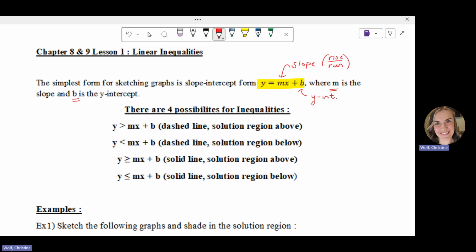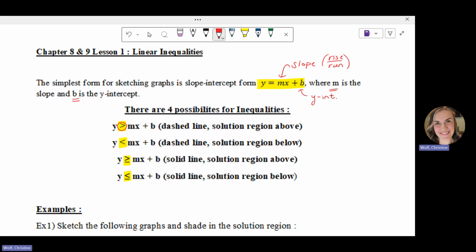Here, you're going to see there are 4 different types of inequalities in this chapter. We're not dealing with an equal sign. Every single equation I give to you is actually going to be an inequation this chapter. This first one is the symbol for greater than, and it's not also equal to, so it's just strictly greater than.